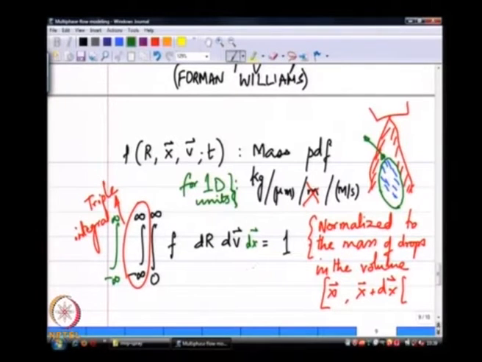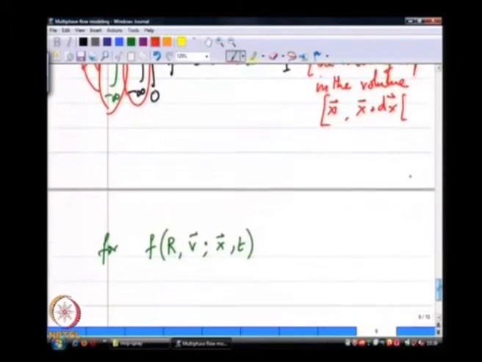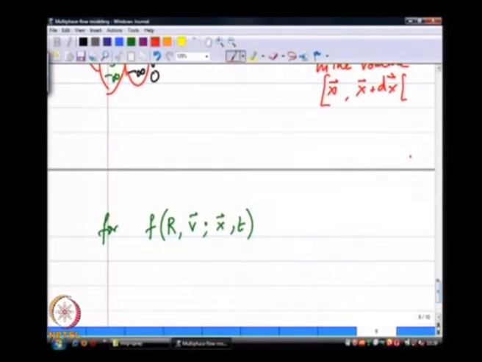If x is also part of my PDF independent variable list, then this is the condition that I have to satisfy for normalization, and this will also be a triple integral. On the other hand, if I want to treat x as only a parameter, at every point I create a PDF of only size and velocity.